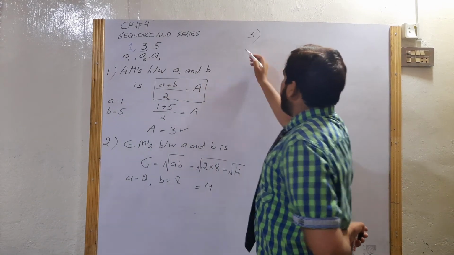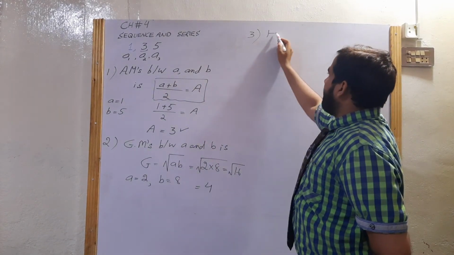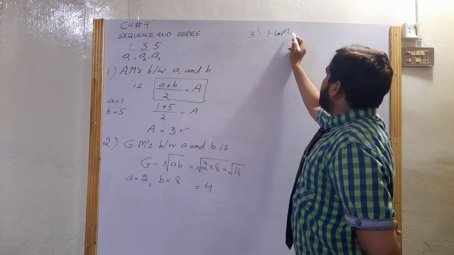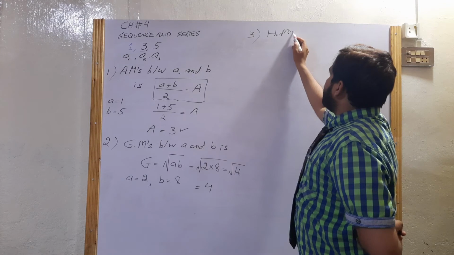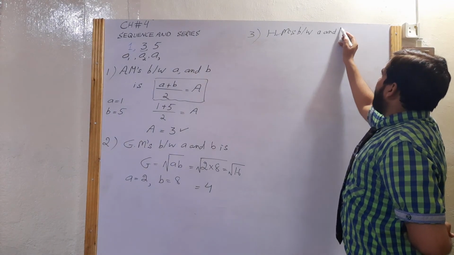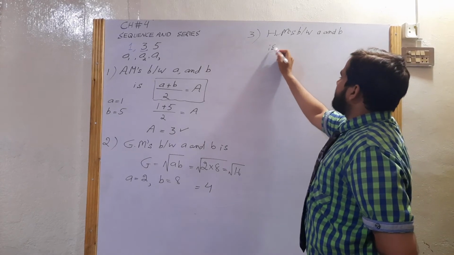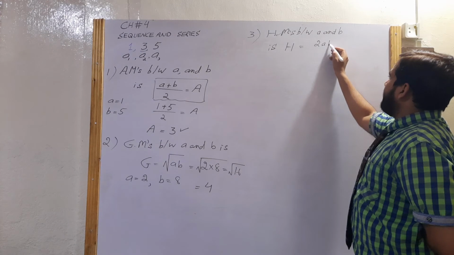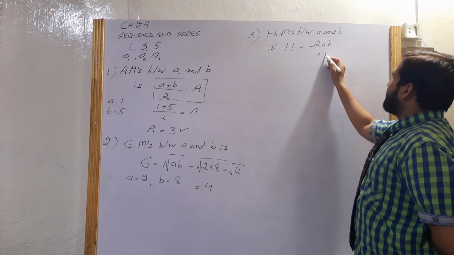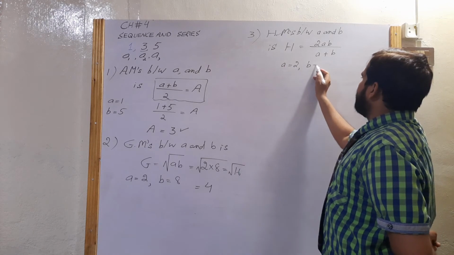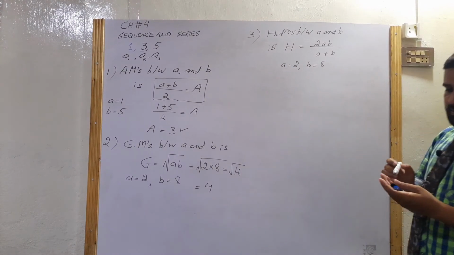Third one is the harmonic mean. How to find the harmonic mean between two numbers A and B? The harmonic mean is 2AB divided by A plus B. For example, A is 2 and B is 8. Find the harmonic mean between these two numbers.